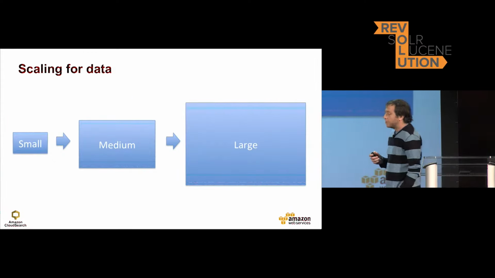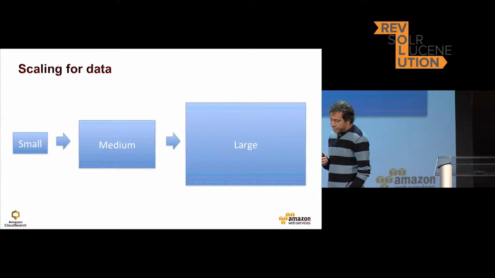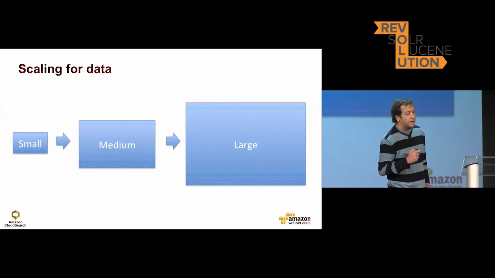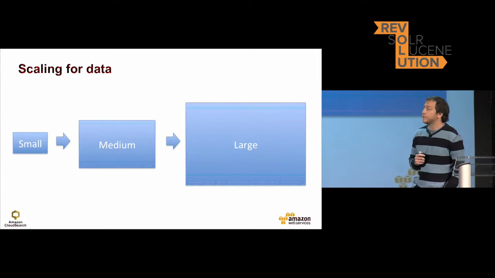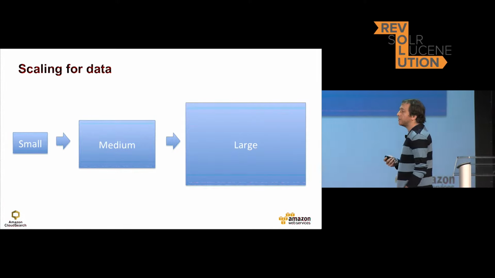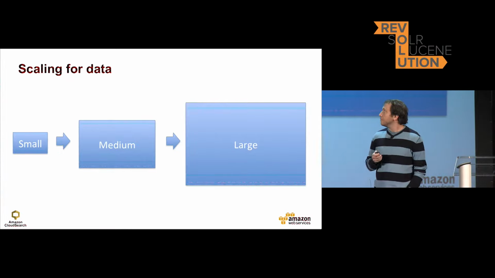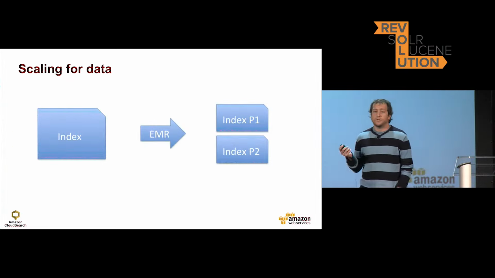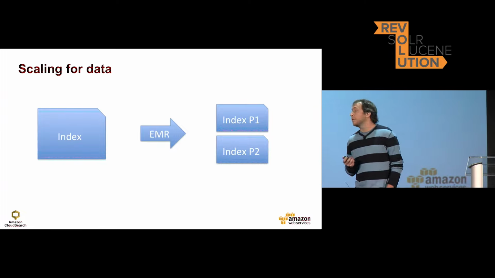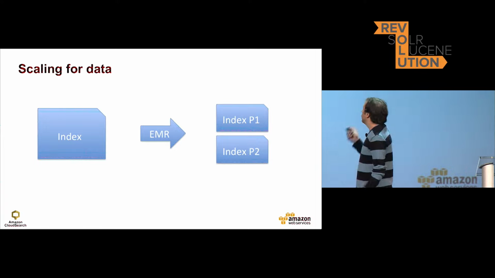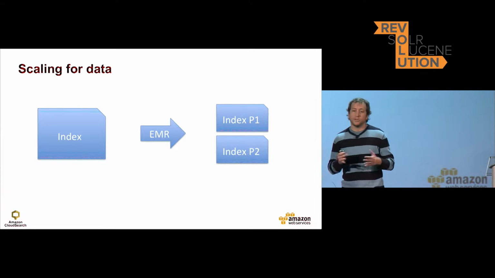For scaling for data, what we do is, first of all, we're going to try to put you on a larger instance type. So when you create your domain, by default, you're going to start on a small instance type. As you continue adding data, we will put you on larger instance types, right? At one point, when there are no larger instance types for you to use, what we do is we regenerate the index and split it into multiple shards.